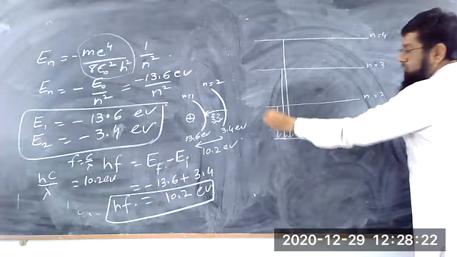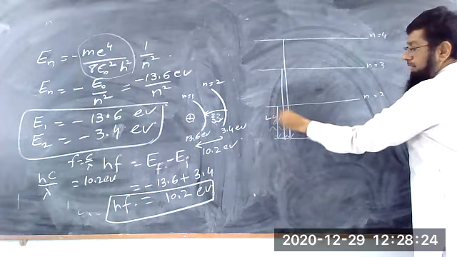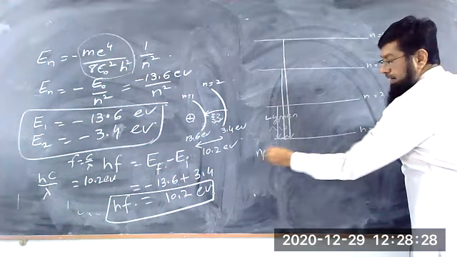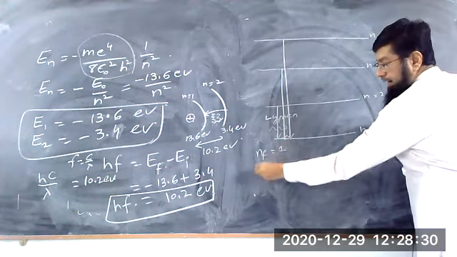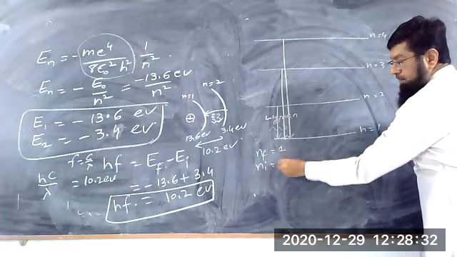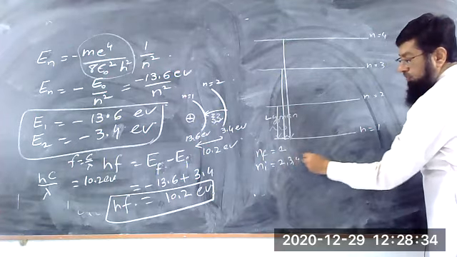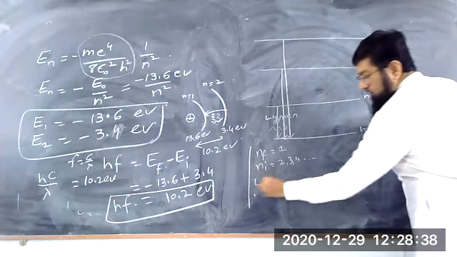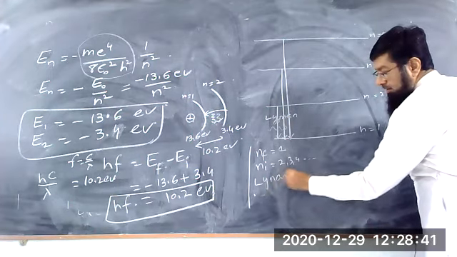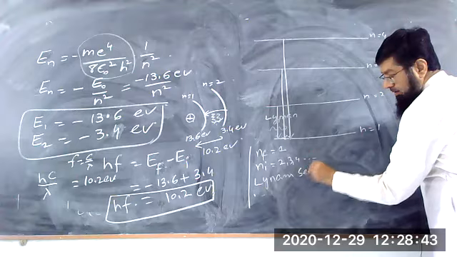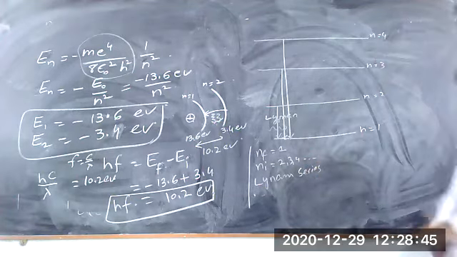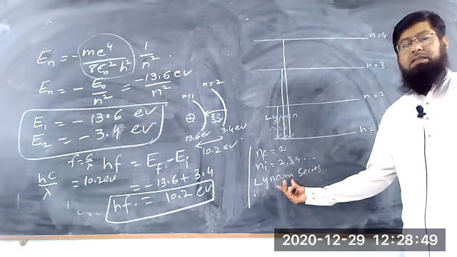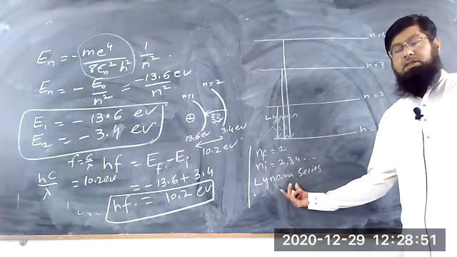So this gives you the series which we call the Lyman series, in which the final n_f is equal to 1 and the initial n_i may be 2, maybe 3, maybe 4, and so on. This Lyman series has photon energy in the range of UV energy.